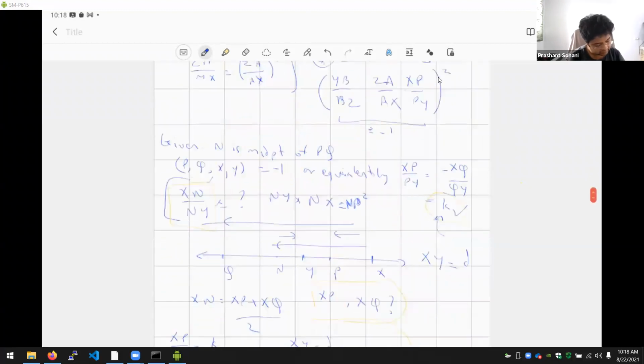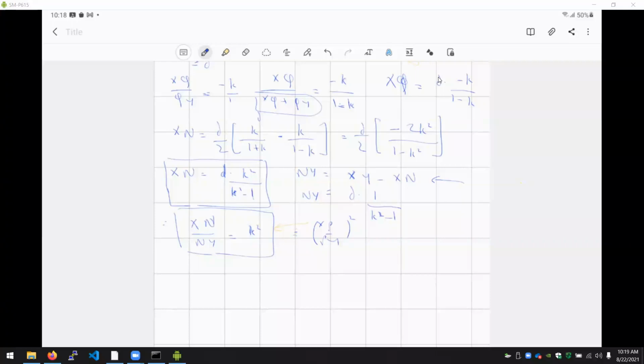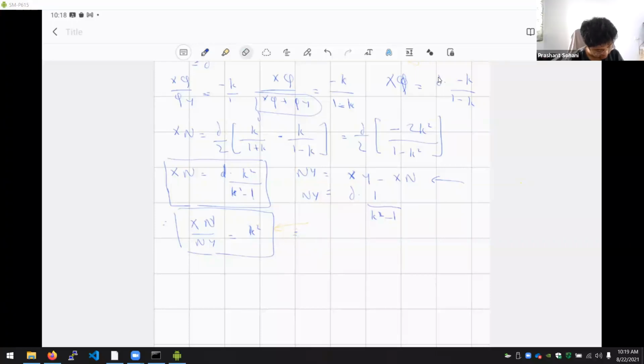I think there is a mistake in my original. Can you check this? I think this is equal to minus k square. Let me just redo this calculation once more. Yes, it is minus k square. While writing NY we made a mistake.